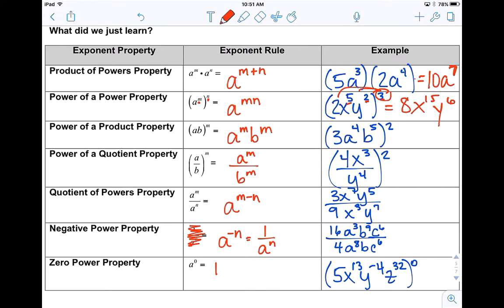This third rule, power of a product property, is very similar to what we just did. We're distributing that outside exponent to every single base inside. So that means any coefficients and any variables. So example is pretty similar. Distribute that 2 to everything inside. So 3 squared means 3 times 3, which is 9.